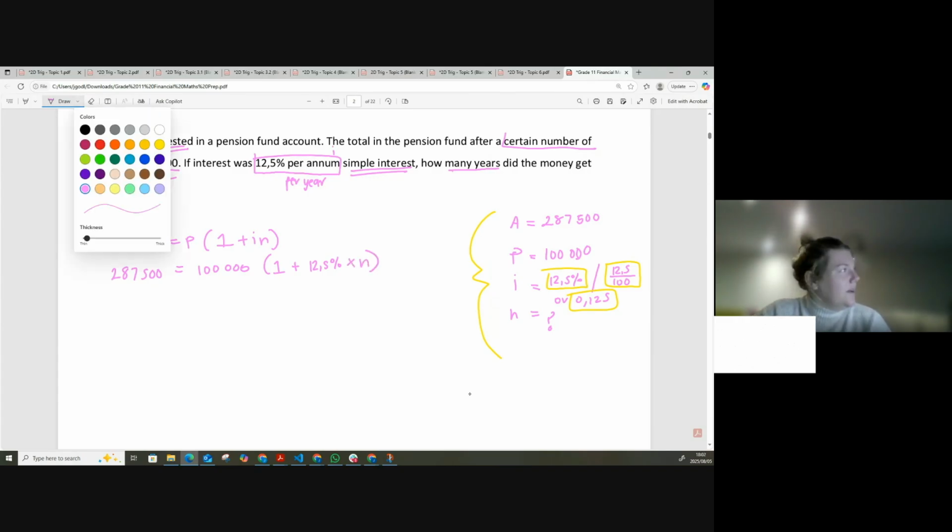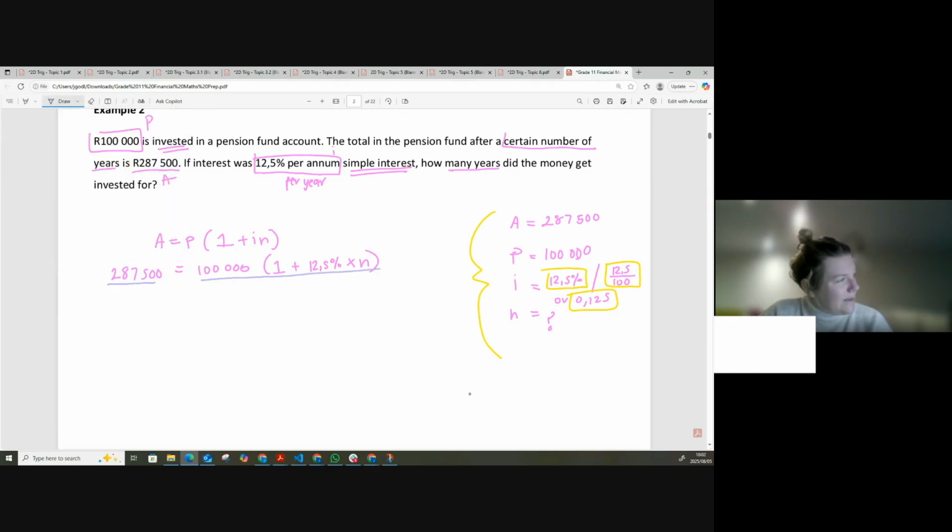Okay, first step, we're going to divide both sides by that 100,000 so that they go away. And we're left with 2,875 is equal to 1 plus 12.5% times n.